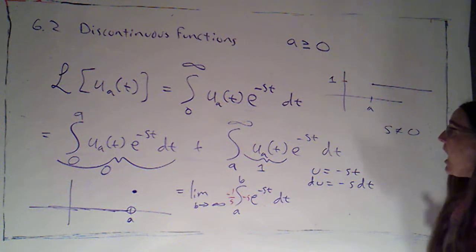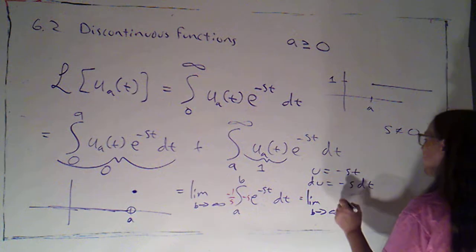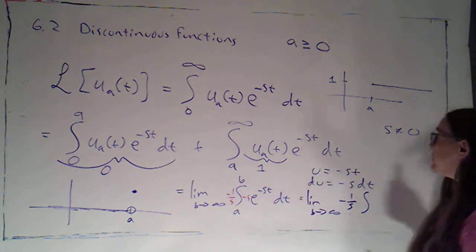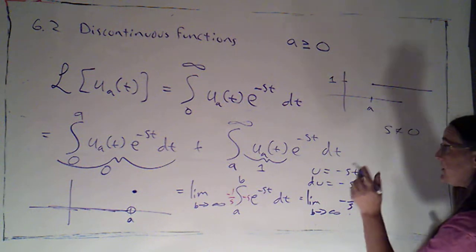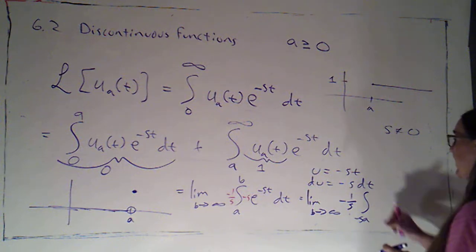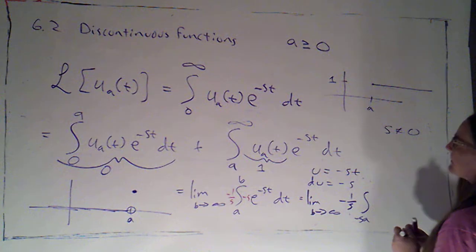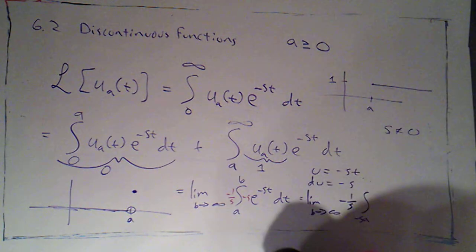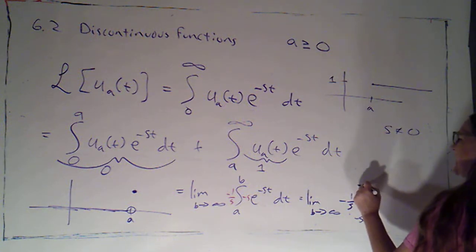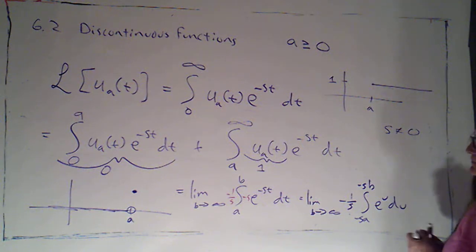Okay. All right, so this becomes the limit as b goes to infinity of negative 1 over s, integral from the u value at a, which would be negative s times a, to the u value at b, which is negative s times b, of e to the u du.